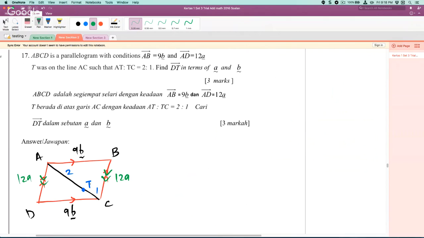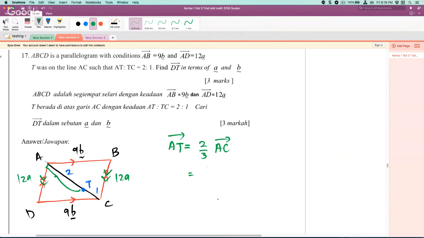Before we do DT, we had better sort out what AT is first. A to T, I know it's equal to 2/3 of AC, isn't it? You see carefully, AT is from here to here, which takes 2. Whole AC takes 3. AT only takes 2, so we call it 2/3 of AC.